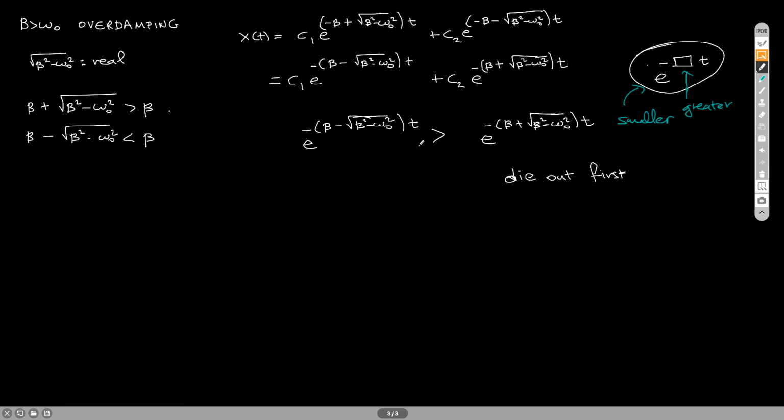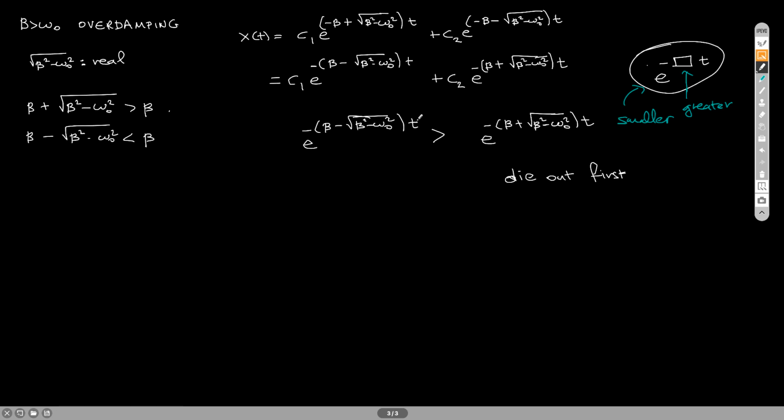And this will be greater than the term that will eventually become very small. So really, since I'm adding the two terms, as time becomes larger and larger, the only term that I need to consider is the first one, because that will be the greatest of the two.